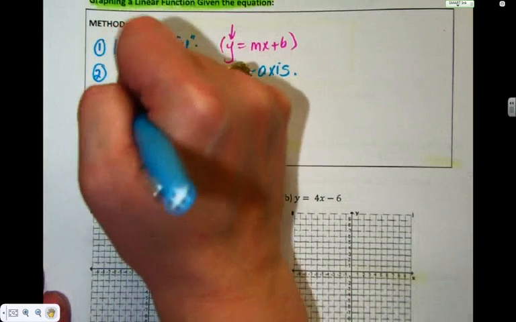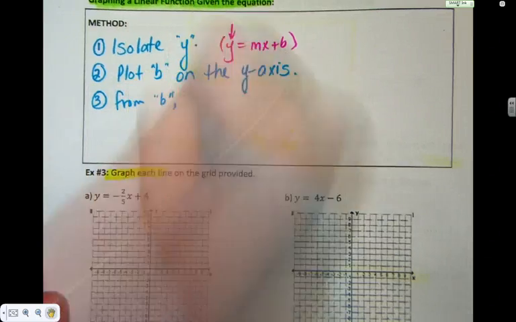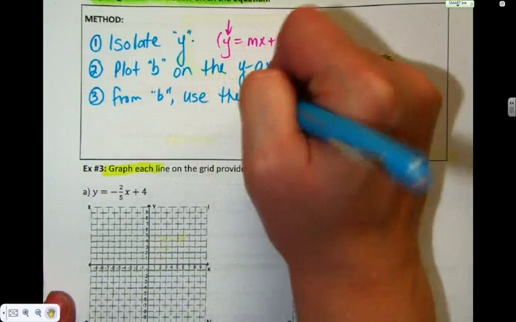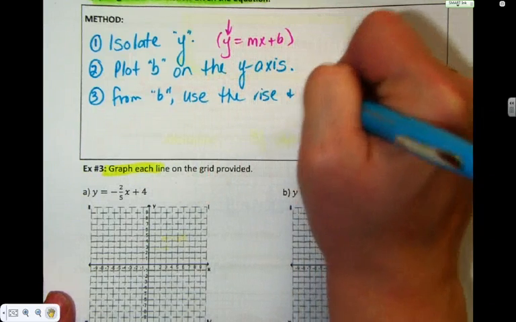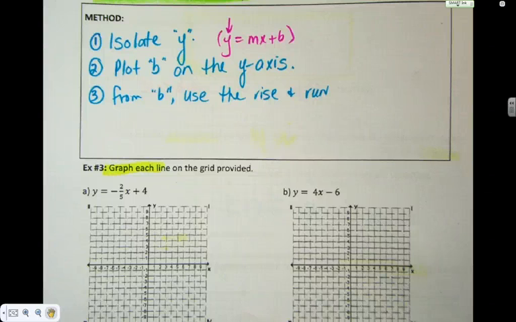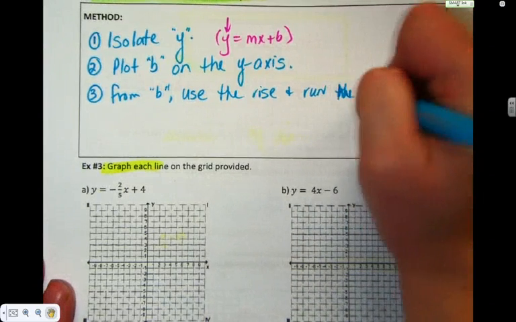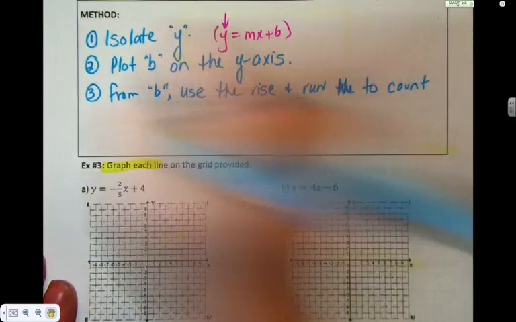So from point B, use the rise and the run. From B, use the rise and the run to count to the second point.